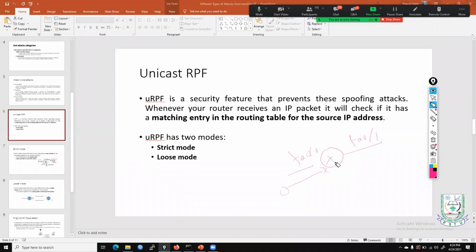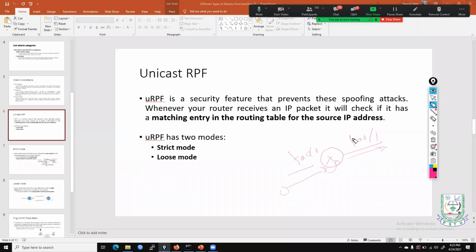If the source address matches your routing entry, it will pass those packets to the destination. Nothing more, right? In a spoof attack, what URPF, or Unicast Reverse Path Forwarding, does is prevent the spoof attack.